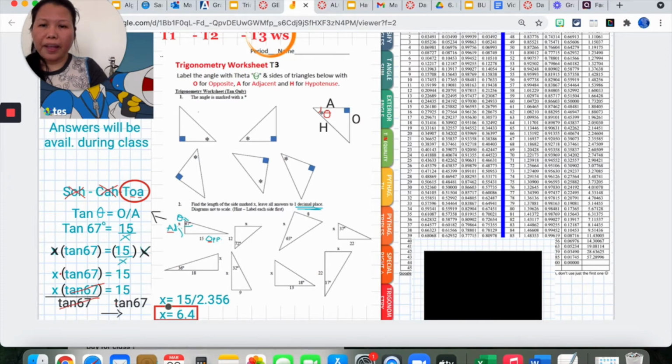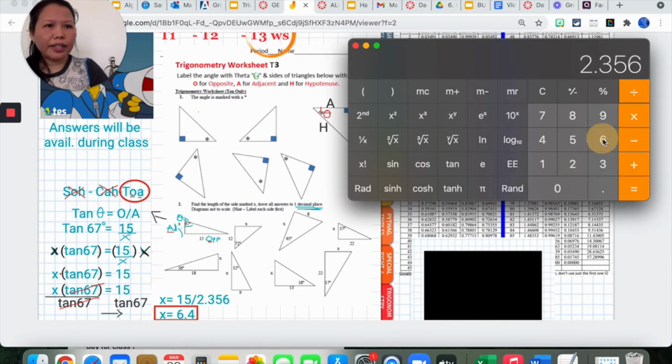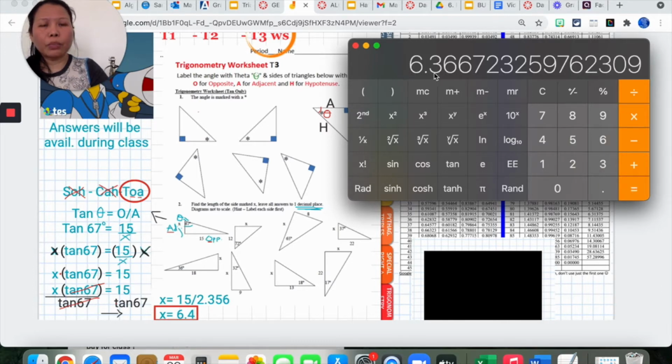We have 15 divided by 2.356. I can just use a regular calculator. I strongly recommend that you have on hand a regular calculator or a scientific calculator. My answer is 6 point, a lot of numbers behind the decimal, but remember the problems say we need to round it to 1 decimal place.